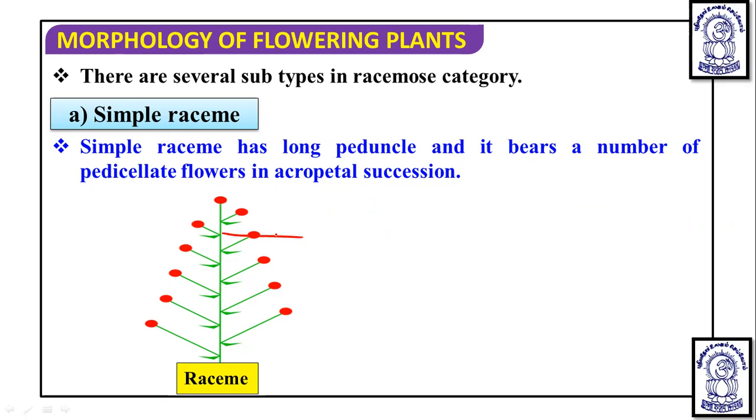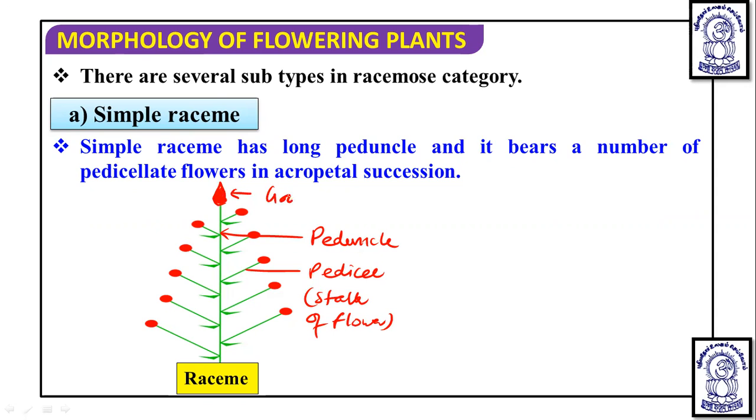So what we have just studied, this is peduncle, this is pedicel. Pedicel is a stalk of the flower, and this is the growing point.